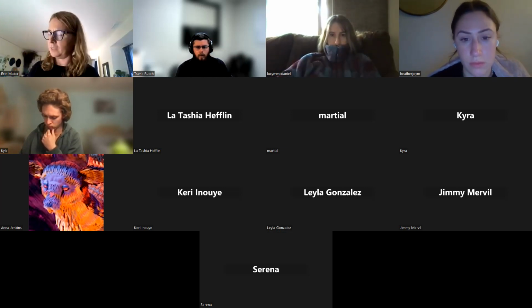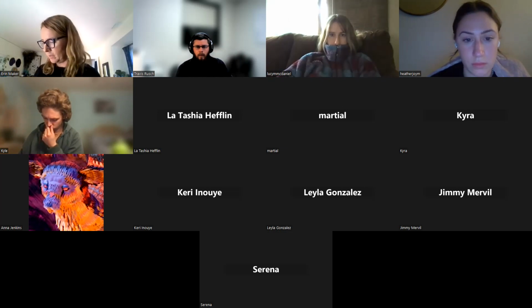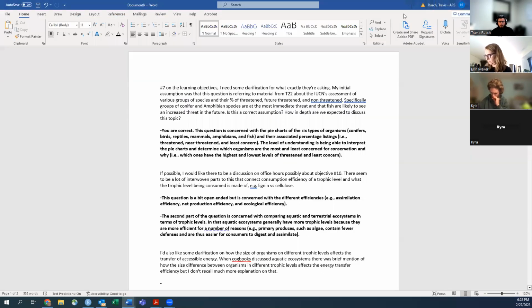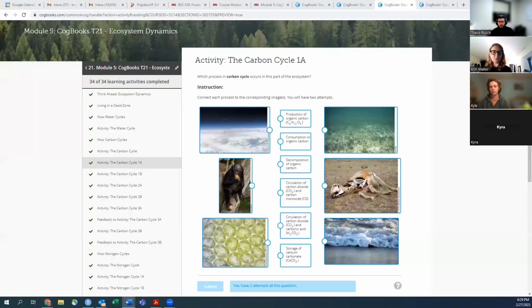Oh, and I have a question in my notes. I don't know where it came up, but at the very end, they were talking about now that we know about carbon pooling, but I don't remember where I saw that. Was that something we were supposed to understand or have a definition for? Carbon pooling.